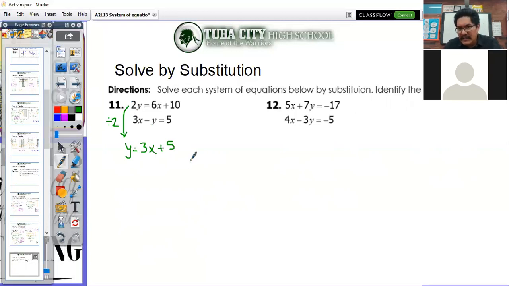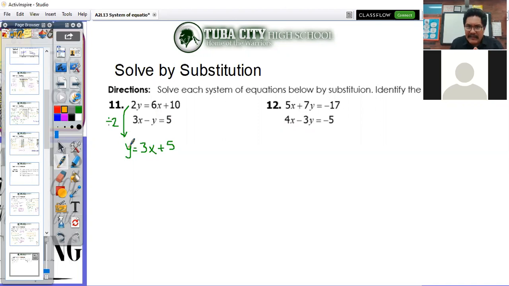Now this is getting me suspicious, because if I look at it, 5 here, 3x here, and y. This means that they could be the same line. So instead of trying to graph it, what I'm going to do instead is I am going to put them both into slope-intercept form.